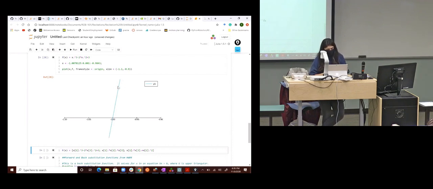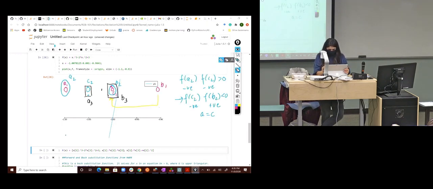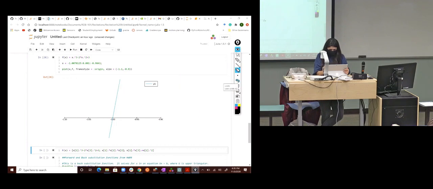What we can do is estimate the equation of this line. We know our A point, which is somewhere here, and we know the B, which is somewhere here, and we know the y points, which are f of A and f of B. The slope of such a line is (f(B) minus f(A)) divided by (B minus A).